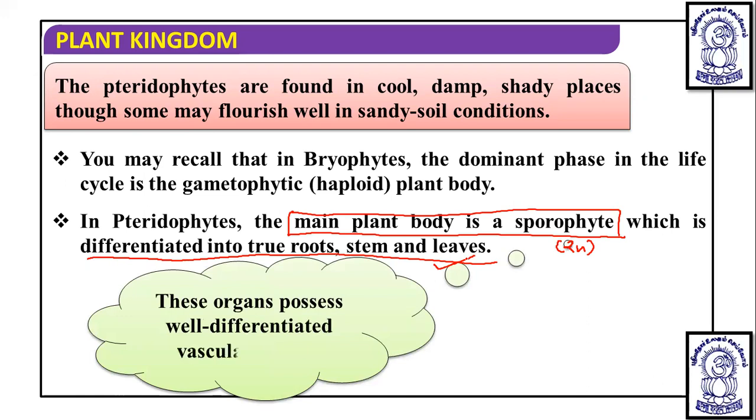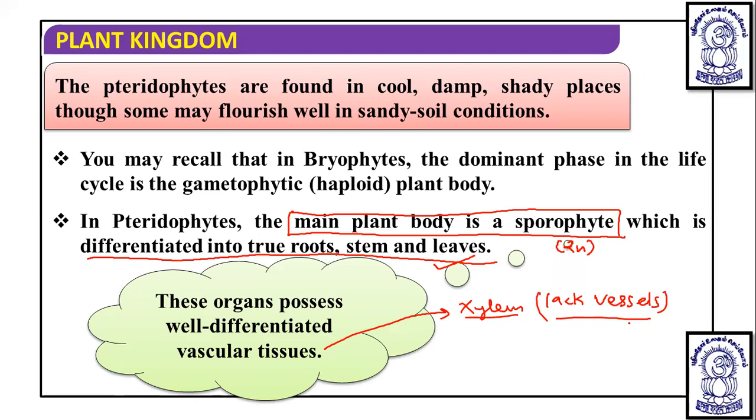And these organs possess well-differentiated vascular tissue. They are the first vascular plants. They have well-differentiated vascular tissue, which includes xylem and phloem. But dear student, in the xylem they lack vessels.